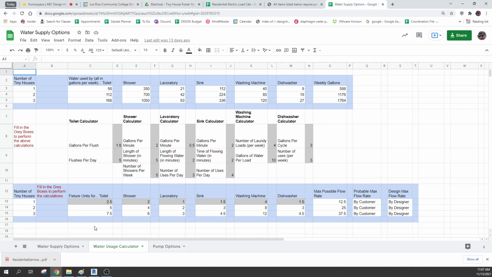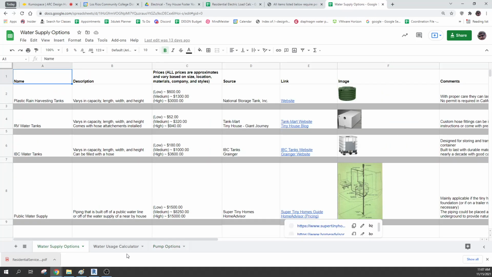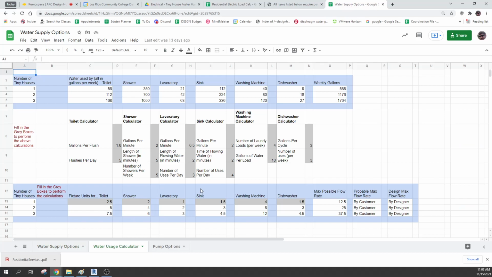The first one is your water supply. And this is some of the pumps that are available, ways that you can do it. But our goal is to determine what size new utility hookup we want from the purveyor. Okay, you're going to be putting up houses, lots of stuff.